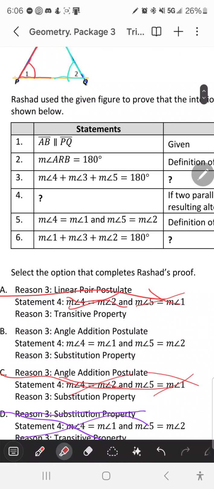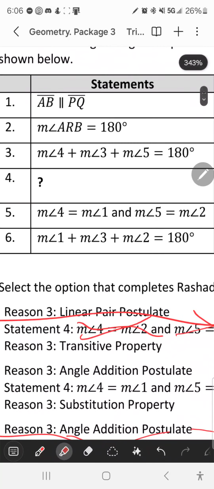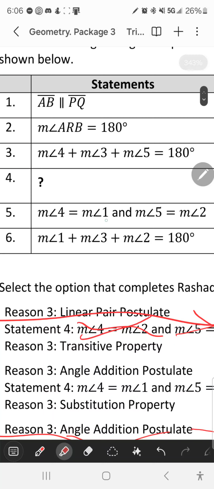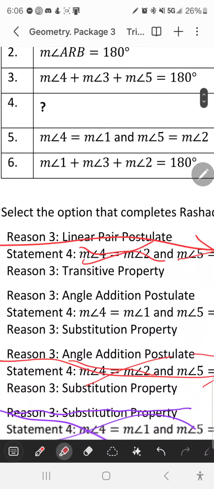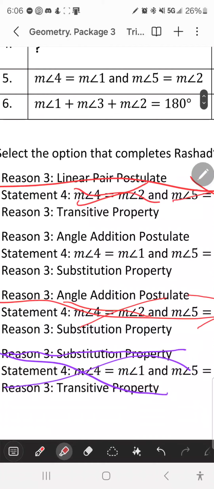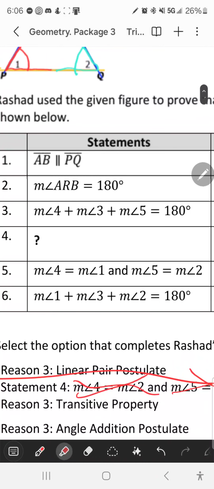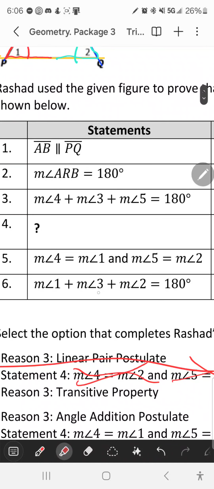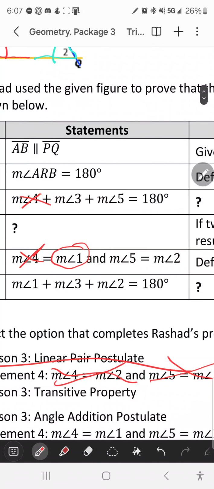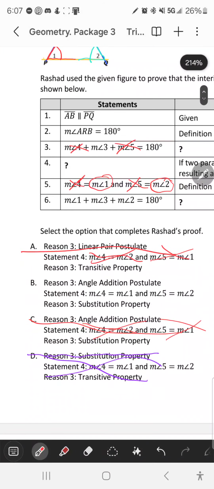Now this is what I was telling you about. This is substitution. We defined that angle 4 equals angle 1, so we can substitute its value. This is what I was saying: we can get rid of angle 4 here and we just put angle 1. And in this case, we can get rid of angle 5, and we just put angle 2. So yes, B is our answer.